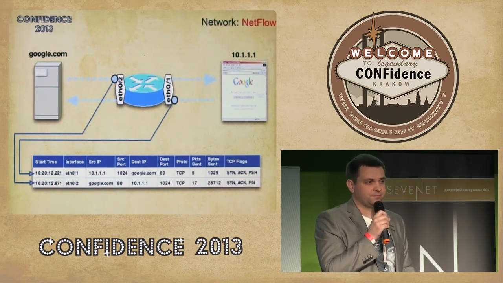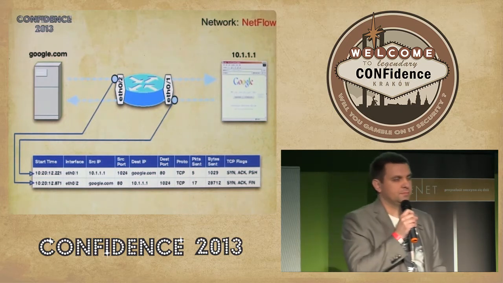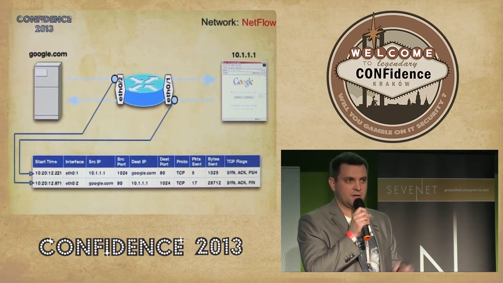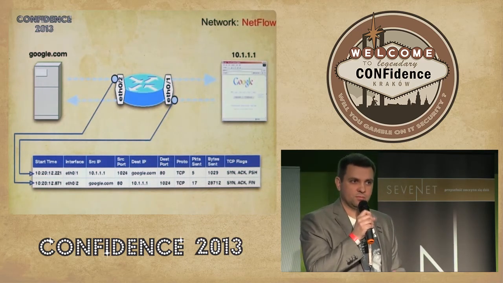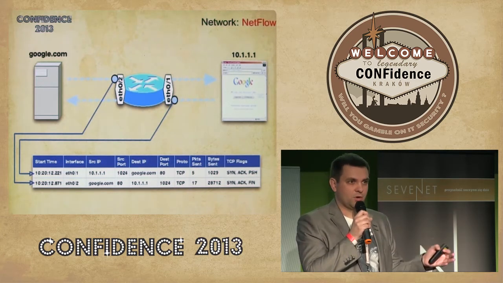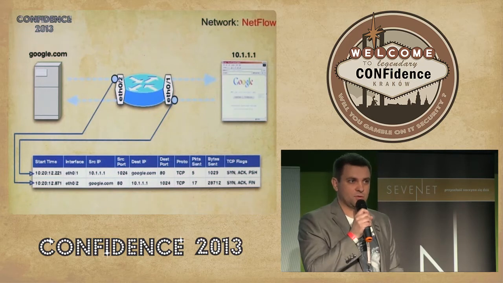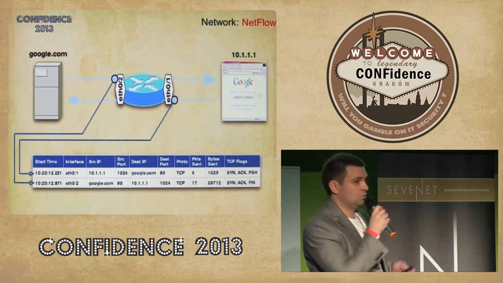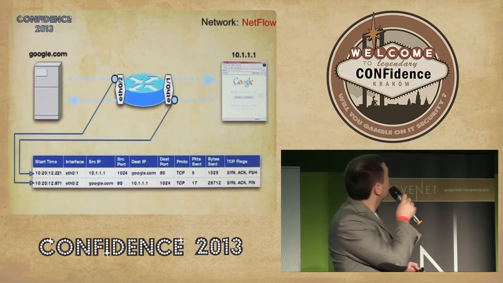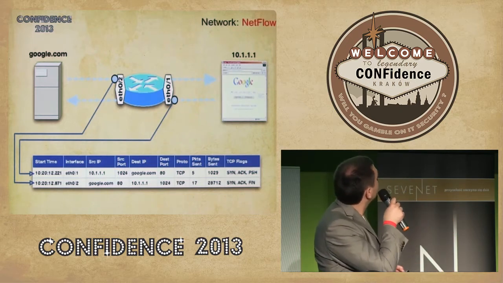And by the way, if you are using Juniper devices, there is an equivalent technology to NetFlow, which is called JFlow. Probably most of you heard about this technology. Huawei or HP also use an equivalent technology to NetFlow, which is called NetStream. I guess, I don't know this well, but I read about this technology.